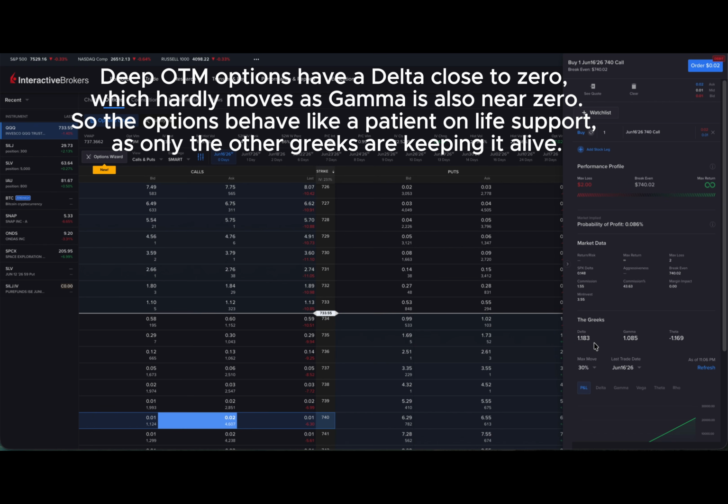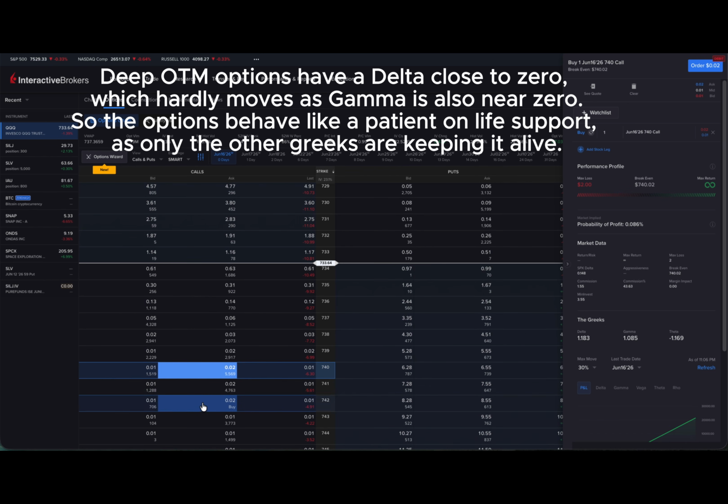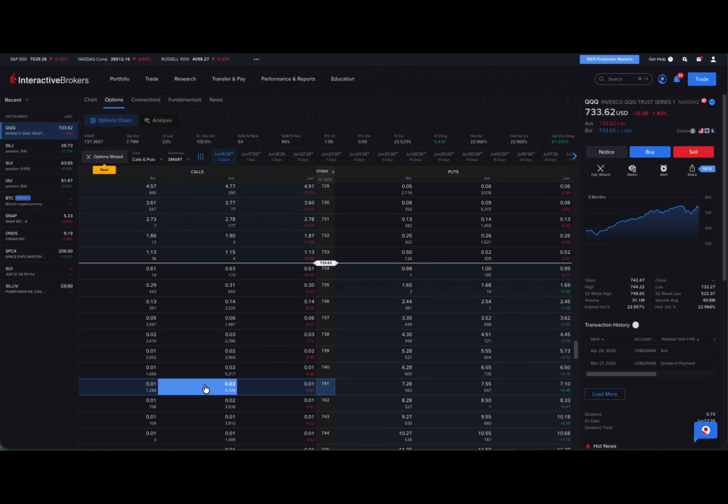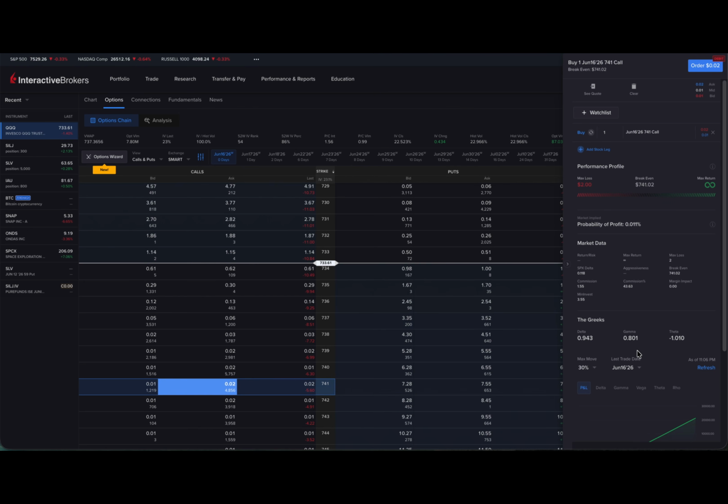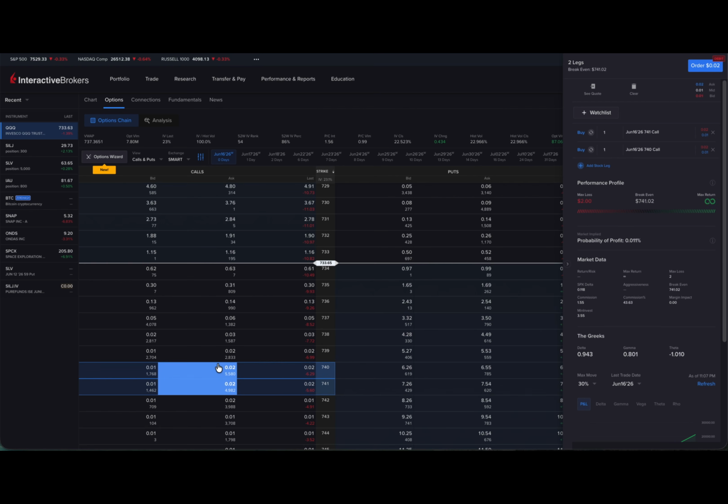They have almost no probability of ever being called, of having value, and so they simply behave like they are dead. They don't change. So the delta does not move when the stock moves, and you see the differences between the delta from here to here, or from here to here.